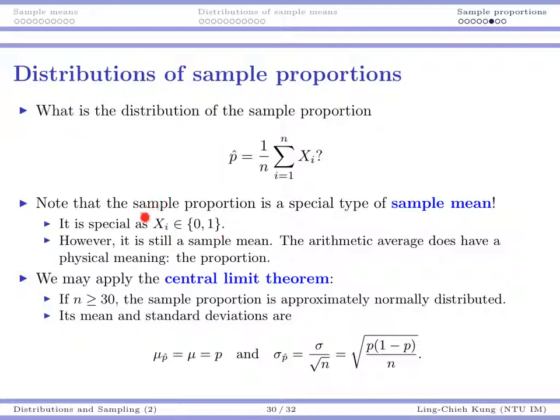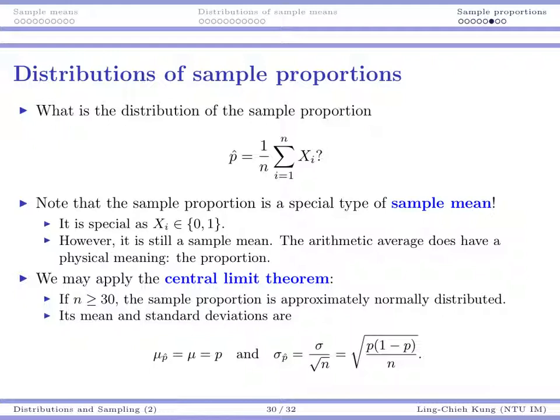Even if xi is binary, still it's a sample mean because it's doing exactly the sample mean task. The arithmetic average still has a physical meaning. It's just mentioning the proportion. So this formula can be viewed as a special case of the sample mean.